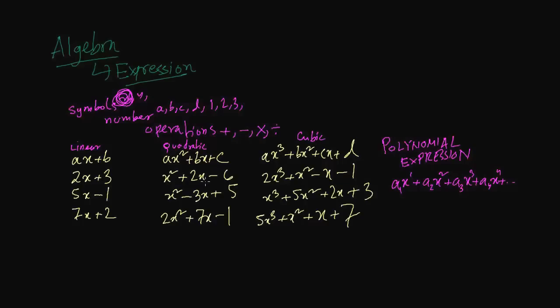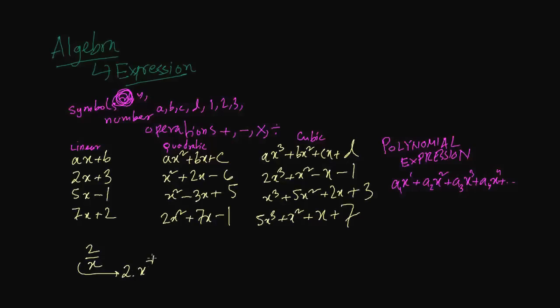So now that we know what an expression is, and that a polynomial expression is an expression where all the powers of x when upstairs are positive, let me give an example of a non-polynomial expression. For example, 2 by x. Now x is downstairs, but if I write it upstairs, you write it as 2 x to the power minus 1.